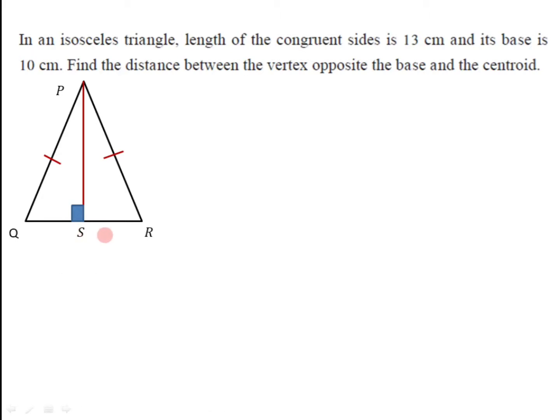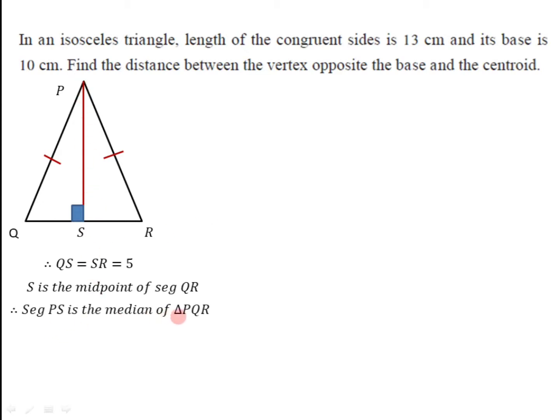Now the next step would be: S is the midpoint of segment QR, as we have just proved that QS is congruent to SR. So S must be the midpoint of segment QR, and if S is the midpoint of segment QR, segment PS must be the median, because we know that the segment joining a vertex of a triangle and the midpoint of its opposite side is called a median. So here in this case segment PS is the median.